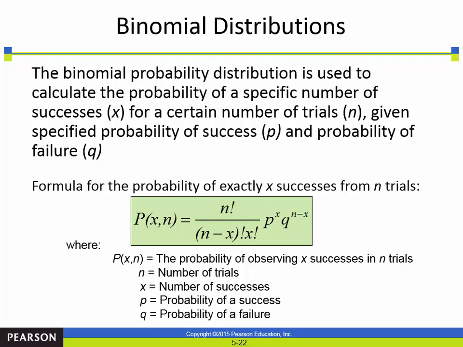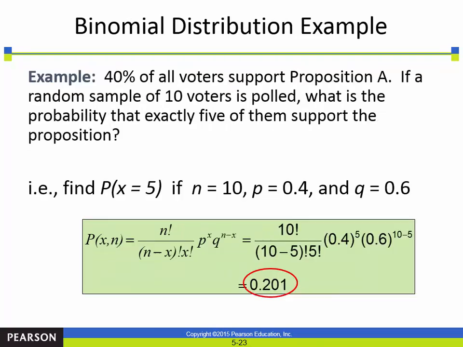I mean, it's n factorial divided by n minus x factorial times x factorial, times p to the x times q to the n minus x. We could plug those numbers in and work that out. It's not crazy math. It's just a lot. And so, of course, we always look for shortcuts when we have a lot.